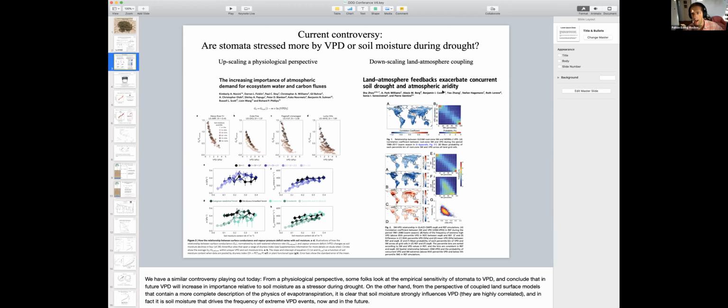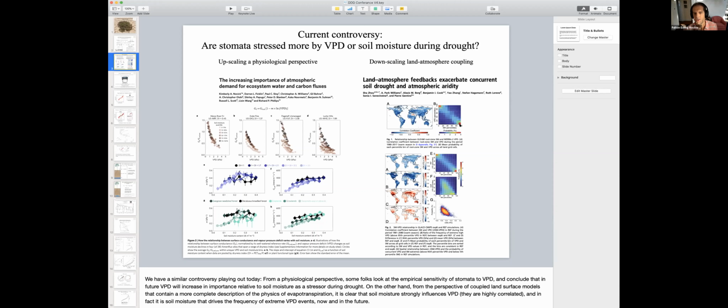Now, another group takes a very different perspective, and they're actually using coupled models of the land and atmosphere interactions that are fully coupled. So this is a completely, physically, a totally complete description of the system. And they do modeling experiments where you eliminate the coupling and you see what happens. And what they find is that, in fact, both in the satellite data and in their models, extreme high VPD events are highly correlated with low soil moisture.